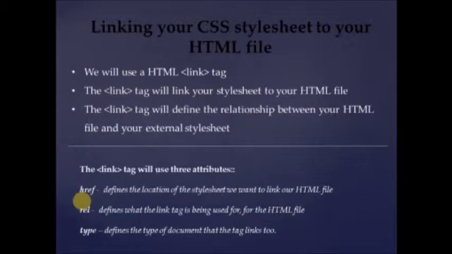The link tag usually uses three attributes. We have our href, which defines the location of the style sheet we want to link our HTML file to. Our rel defines what the link tag is being used for, and the type of document that the tag is linked to.